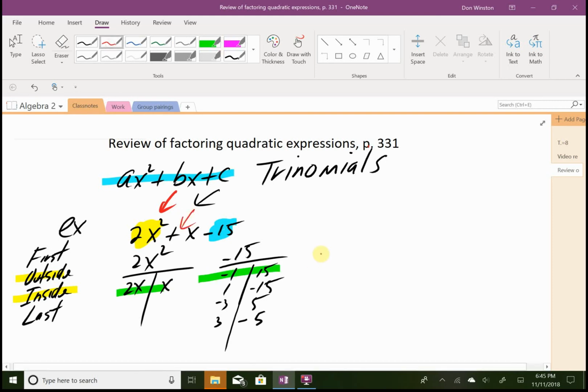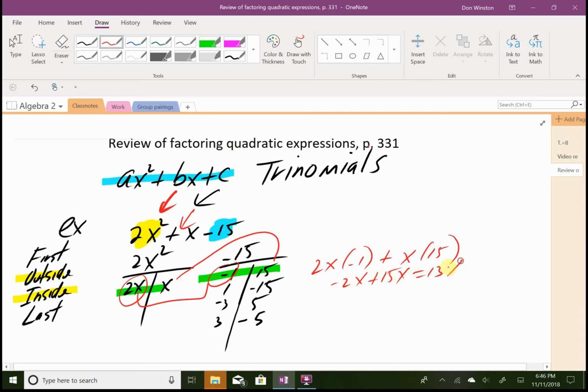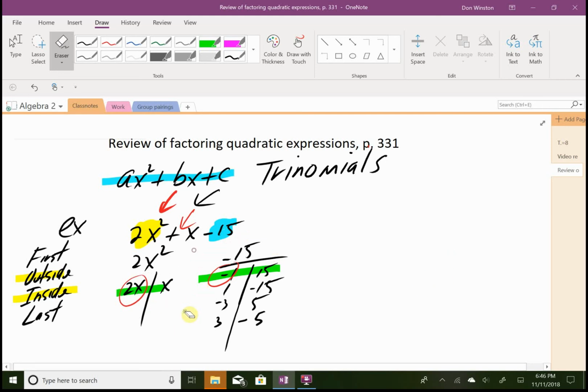Well, let's see. I can take 2x times a negative 1, and then I can multiply x times 15, plus x times 15. That's going to give me a negative 2x plus 15x, which equals 13x. So that's not going to do it. Well, let me try this here.